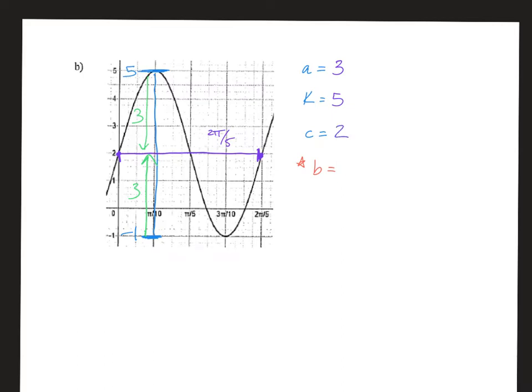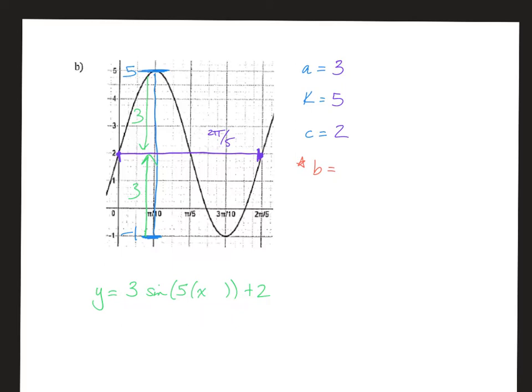And so if I was to build the equation of my graph, it would look like this. I could have a sine curve that would have an amplitude of 3, a stretch factor of 5. I don't know whether I'm going to need a shift or not, but I will shift it up 2.